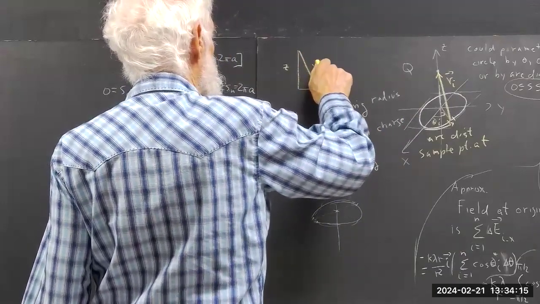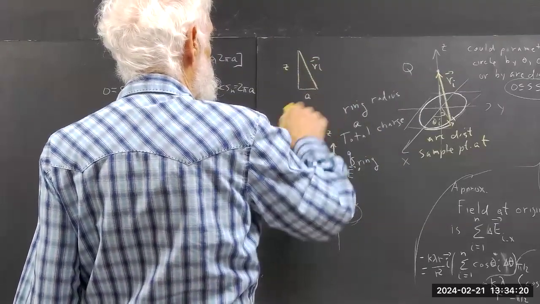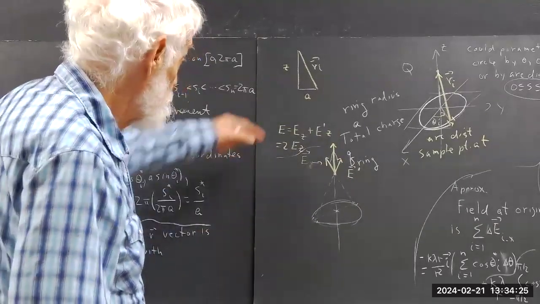So if I want to draw this triangle, I've got my Z, which is just the Z coordinate of this point. I've got my R sub i vector, and I've got the radius of the circle here.